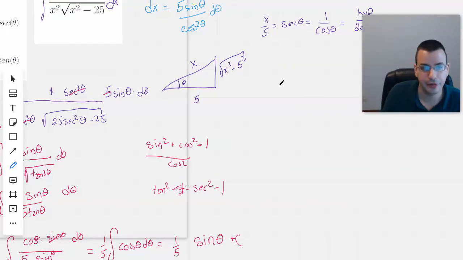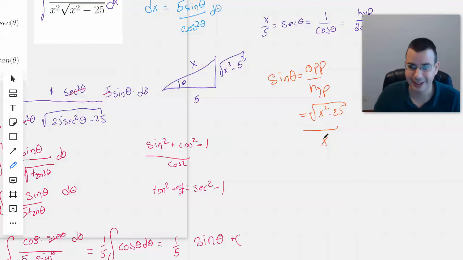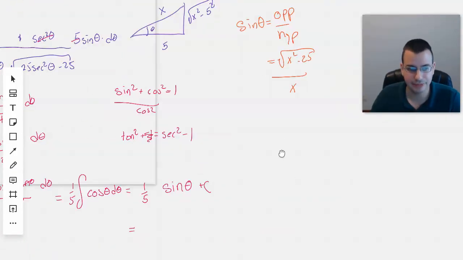So sine of theta equals, from SOHCAHTOA, opposite over hypotenuse, which also equals square root of x squared minus 25 over x. Okay.